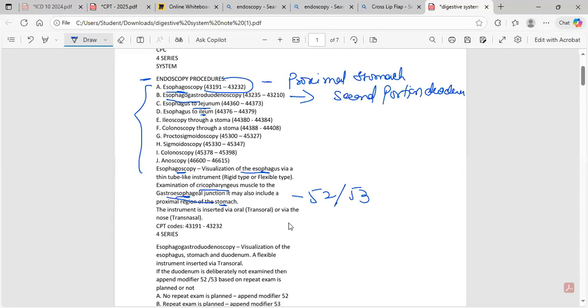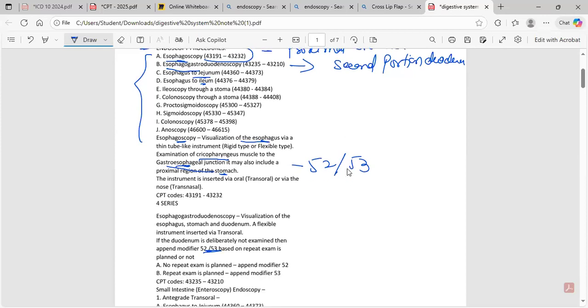Remember, if the scope reaches the stomach only, or the first part of the duodenum, and does not reach the second portion of the duodenum, then you have to use the 52 and 53 based on the documentation. So whenever you are going to bill the esophagogastroduodenoscopy, you have to make sure that your scope reaches the second portion of the duodenum.